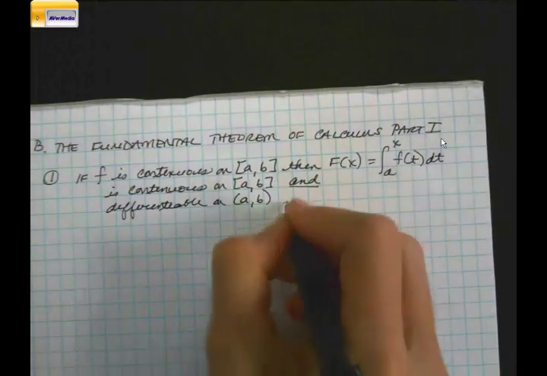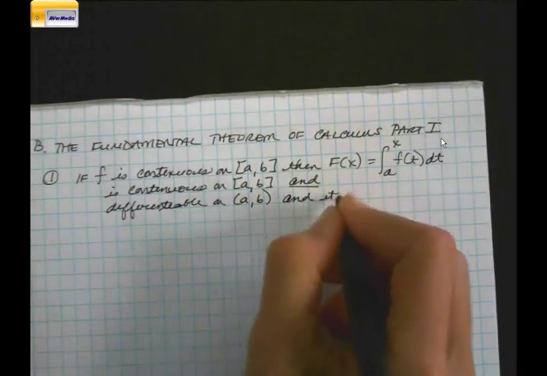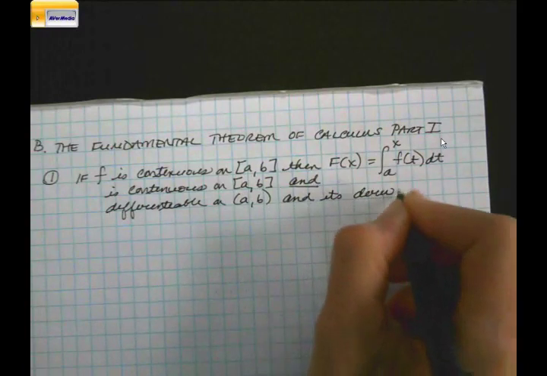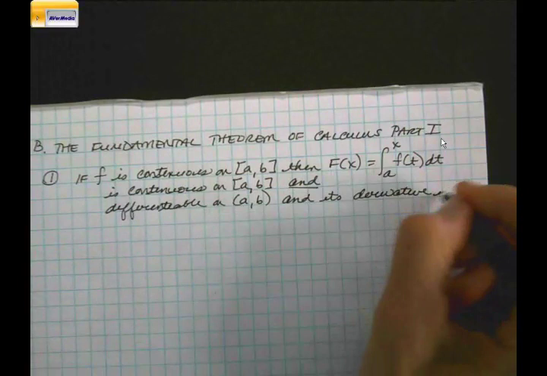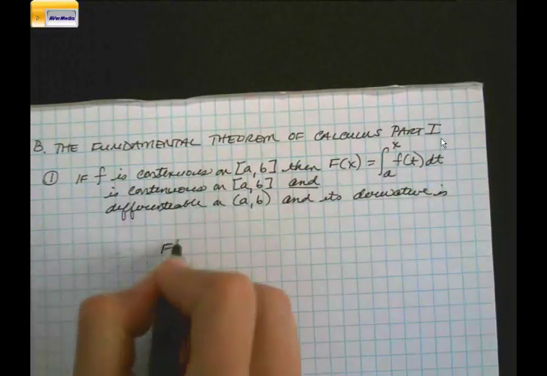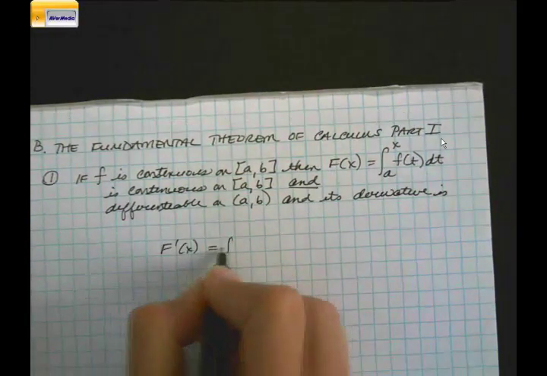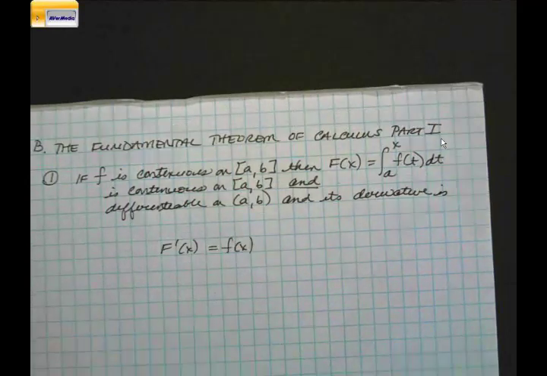And its derivative F prime of x is equal to the original function. The derivative of the antiderivative takes you back to the original function.